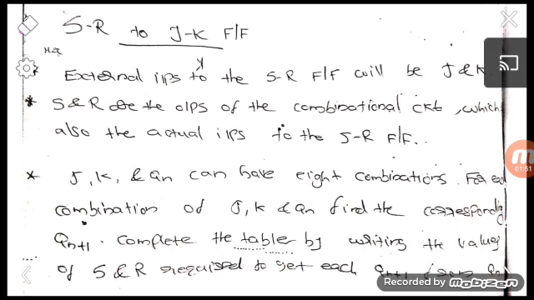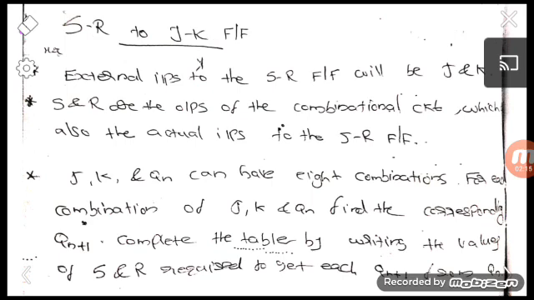Now we are going to convert the SR flip-flop into the JK flip-flop. How can we convert the SR into the JK flip-flop? We know that the available flip-flop is SR, and we have to obtain the expressions for S and R in terms of J and K. That's our procedure.